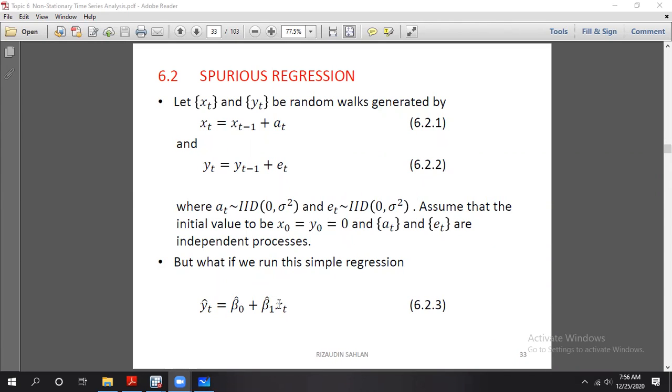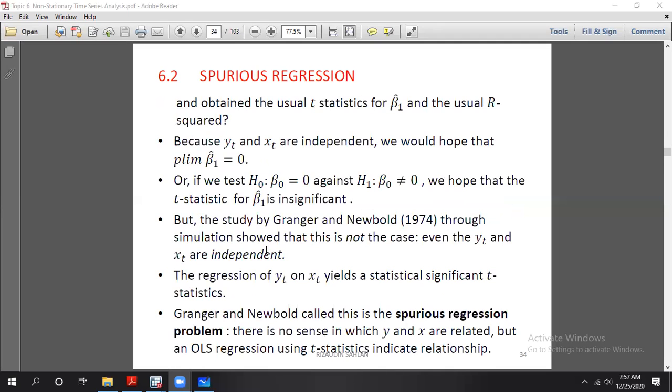There is no way x_t has a significant effect on y_t because there is no correlation between them. Of course, the value of R squared must be very low for this regression. This is what we expected.